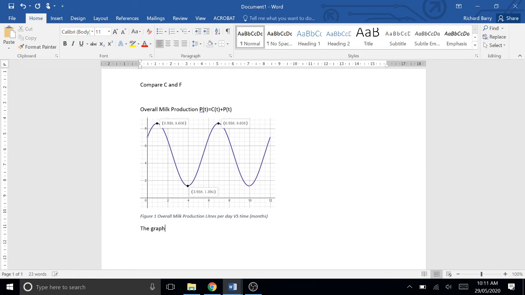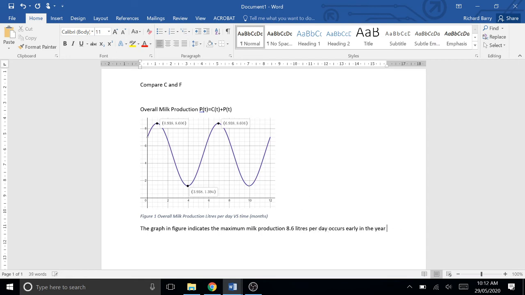The graph in figure 1 shows one of the things that you need to do during a folio, so use different words for indicates or shows or demonstrates the maximum milk production, because early in the year, maximum milk production of 8.6 litres per day.